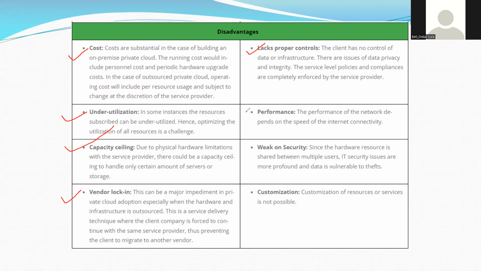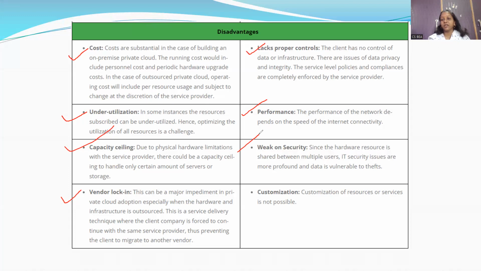Then coming to the public cloud, in this case the performance of the network depends on the speed of the internet connectivity. If you are in a public cloud, then definitely, according to how much internet connectivity you have, you will be getting the data, or processing of your data will be done. Again, it will be weak in security.